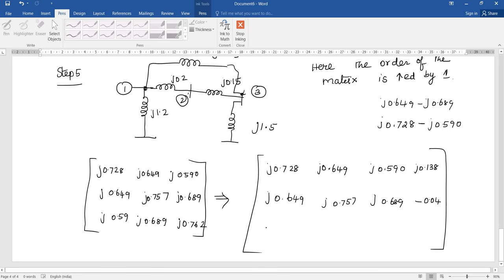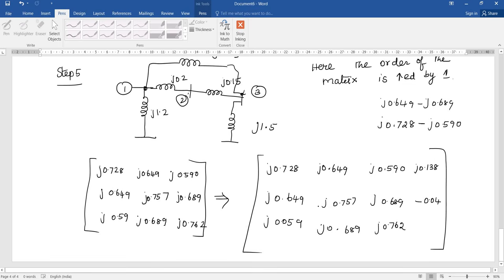And next J 0.59, then J 0.689, J 0.762, the same.